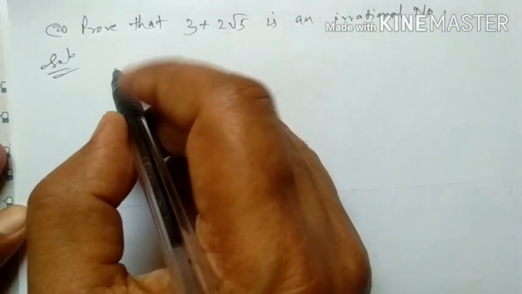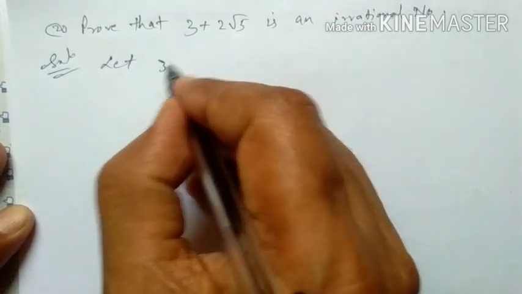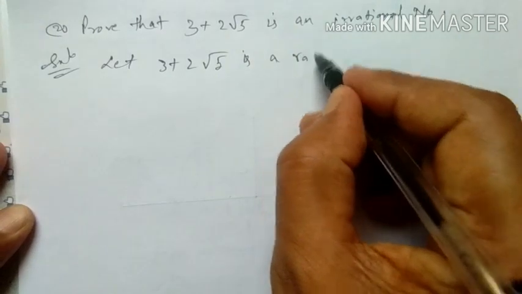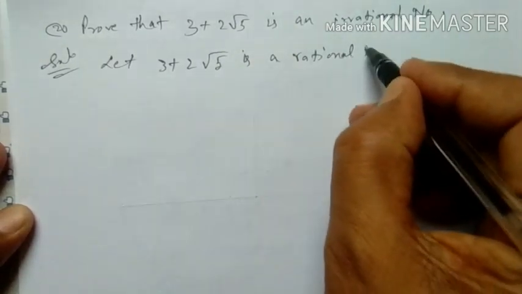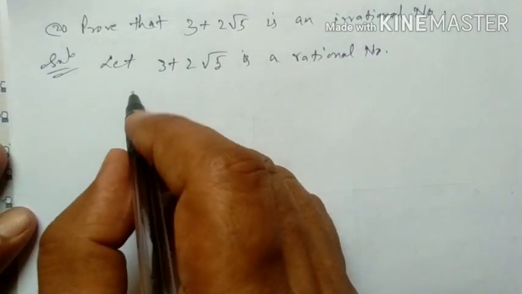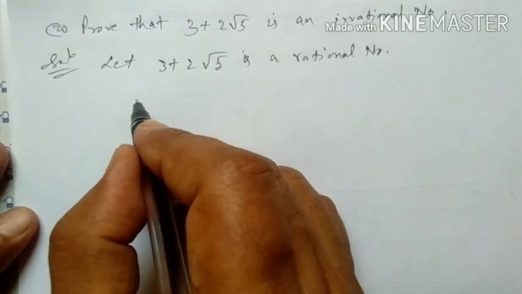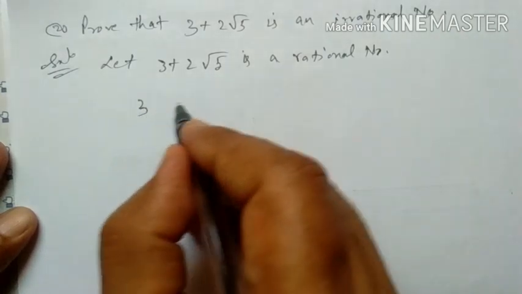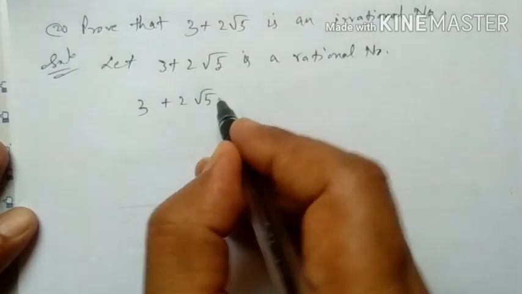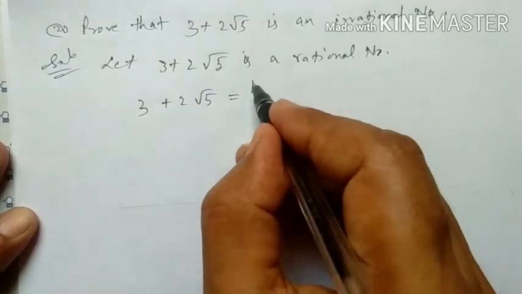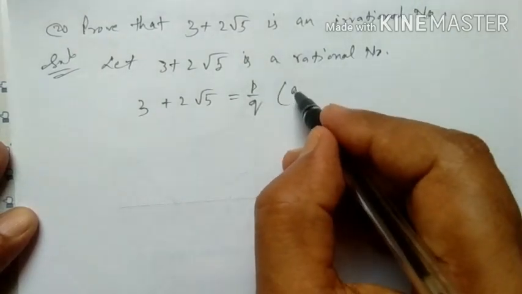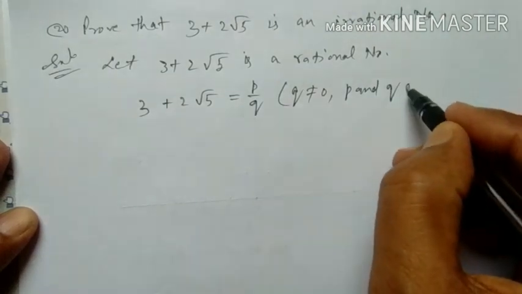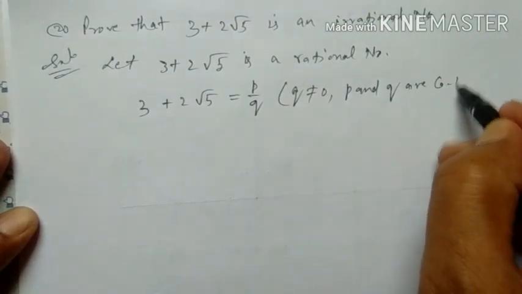Solution: let 3 plus 2 root 5 is a rational number, then we can write 3 plus 2 root 5 in the form of P by Q, where Q is not equal to 0 and P and Q are co-prime.